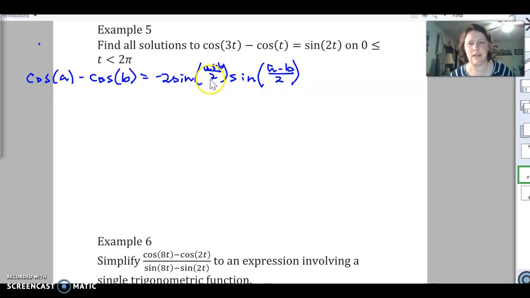All right, and I'm going to rewrite it in terms of sine. Then I will have sine on the left-hand side of my equation, and I'll also have sine on the right-hand side of my equation. Let's see what we get there and see if it's something we can use.